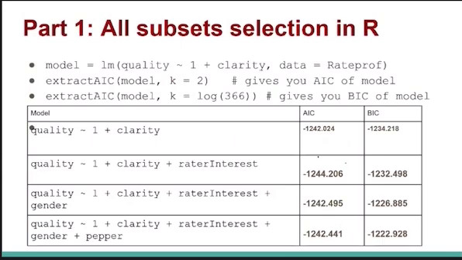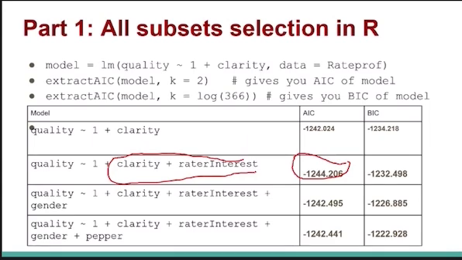Is it this one? I think that should be the smallest, right? Most negative. Okay, the all subset selection also selects that. So they're the same model. At times they can agree. Where all the selection criteria agree, that is a very strong conviction that that is the model. Where they disagree, there could be some kind of doubt.